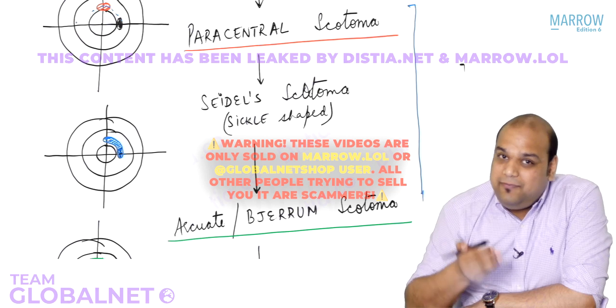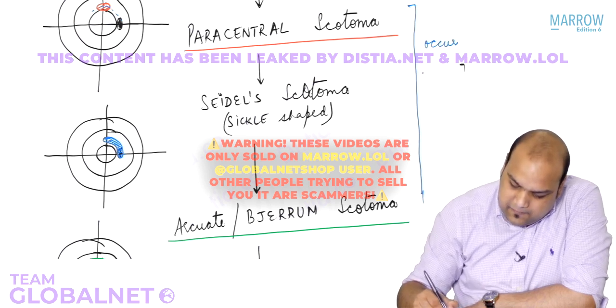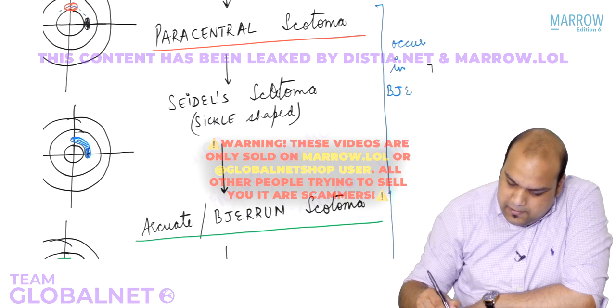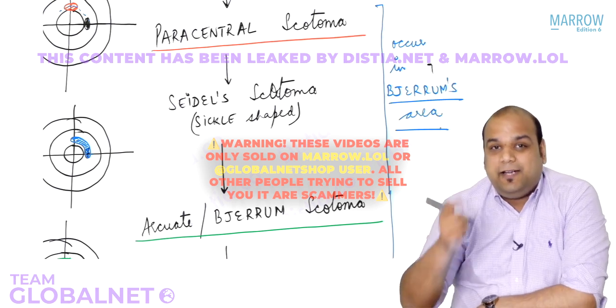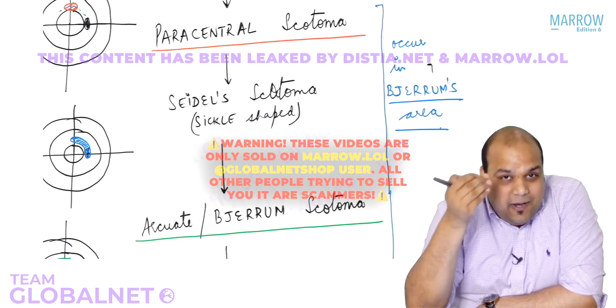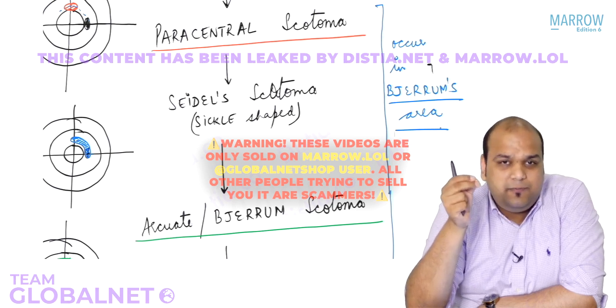Seidel scotoma, everything. So we say all these occur in which part of the visual field? Bjerrum's area of visual field. So all the four defects, paracentral, seidel, arcuate and double arcuate, they are actually affecting Bjerrum's area only, partially or fully. Okay, everybody? I hope we understand this. There should be no confusion about this.